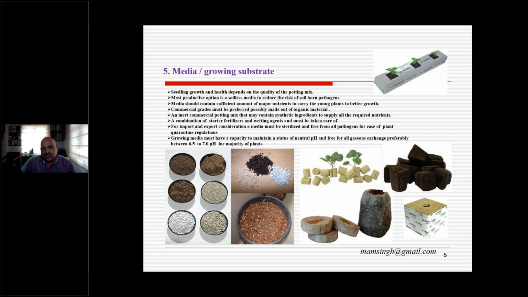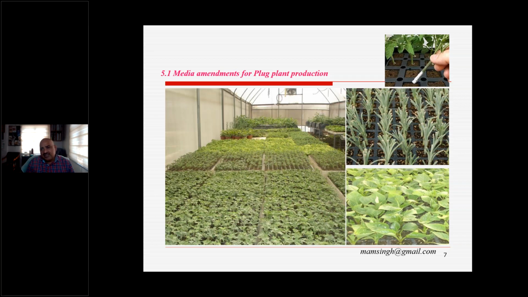Even with a large media ball, those plants or saplings can be transplanted in the growing beds, growing trenches, greenhouses, or even soil beds. So it is very important that the growing media or substrate be used according to the crop requirement and the stage of the seedlings.